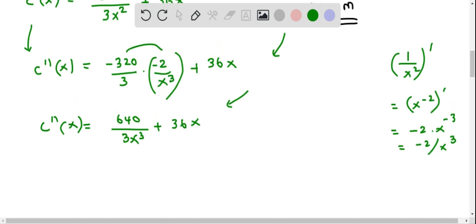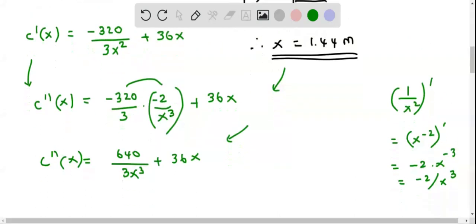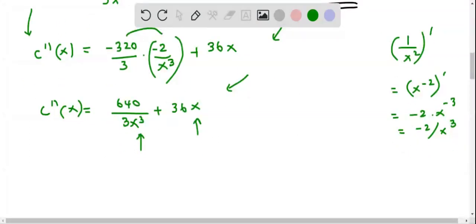So clearly, even before plugging in, we can say that in case x is negative, then it might be negative. However, since x is positive, this quantity will also be positive. So the sum of two positive numbers will be positive. We don't need to find the exact value, we just need to understand the sign of this second derivative.